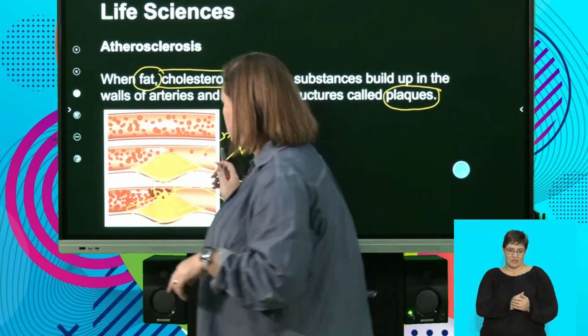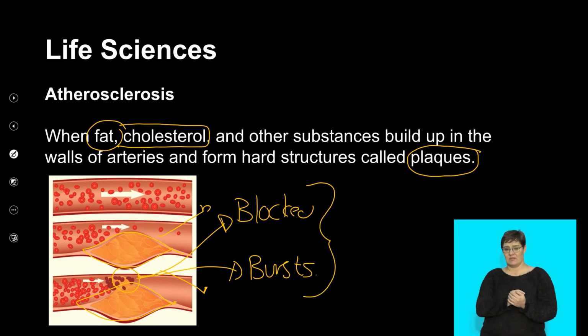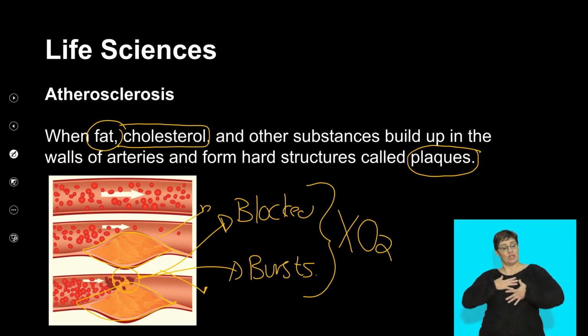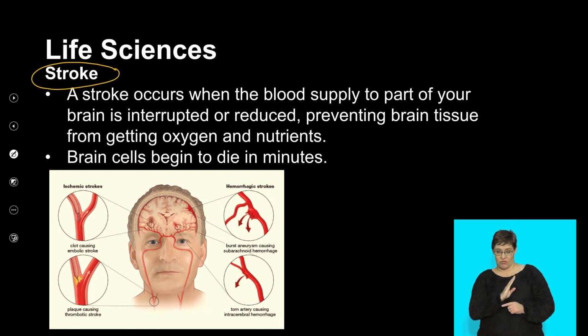Now, if it bursts or if it gets blocked, either way, the tissues are not going to get oxygen. They are going to starve, and that is going to have a very dangerous effect. So if I have, in my brain, a stroke, it is a blockage or something bursts in my brain.